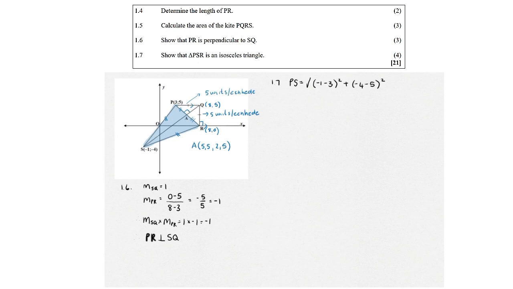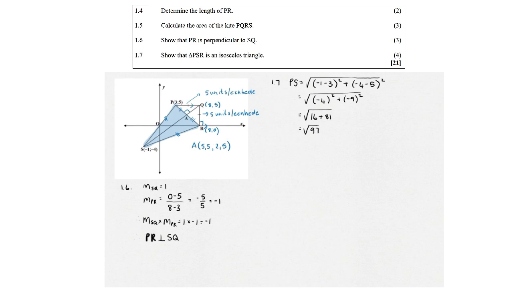This simplifies to square root of negative 4 in brackets squared plus negative 9 in brackets squared. That is equal to the square root of 16 plus 81, and that equals the square root of 97.